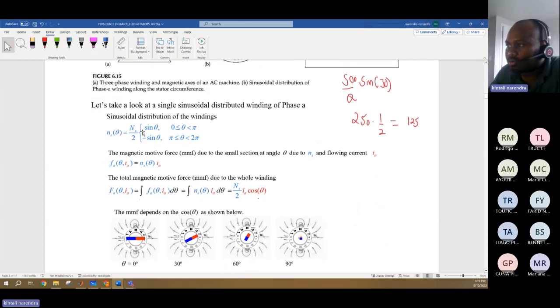From the number of windings you can find the magnetic force, or flux, which is developed, given by Ns by 2 into the amount of current, integral converted into cos theta. So the capital F is the stator magnetic motive force.